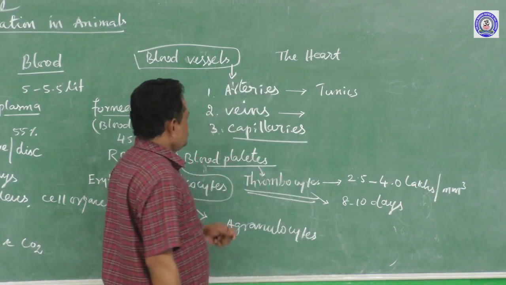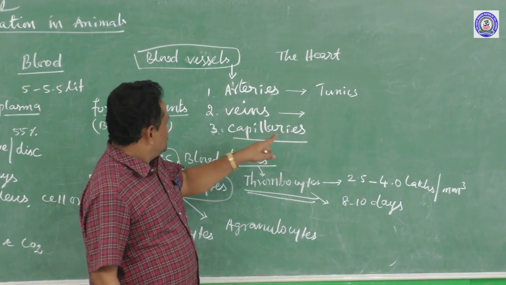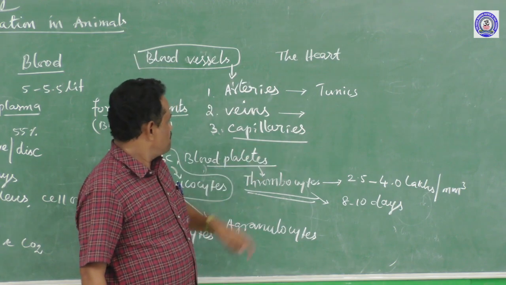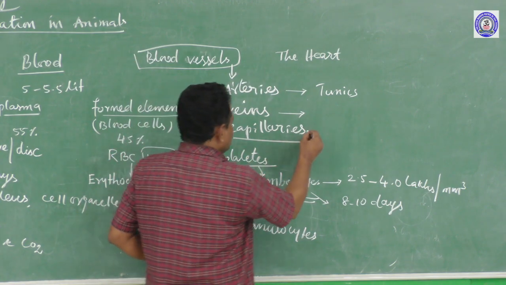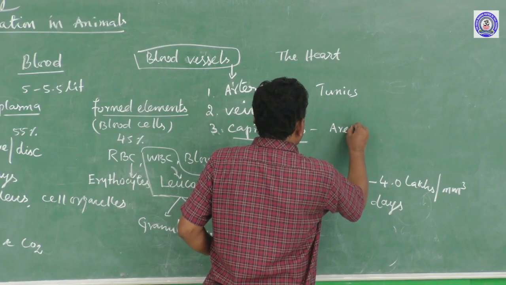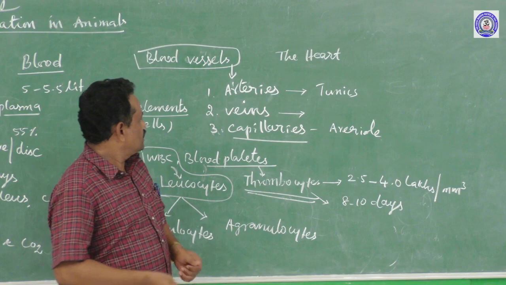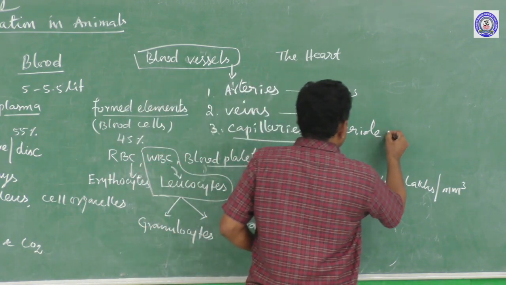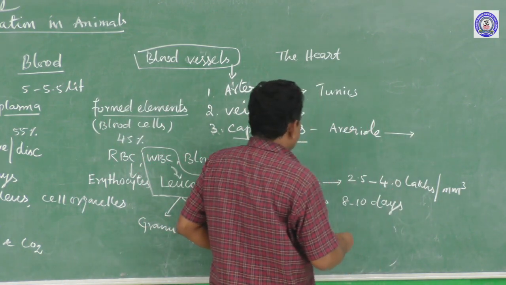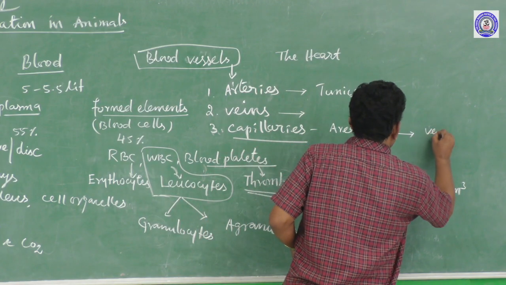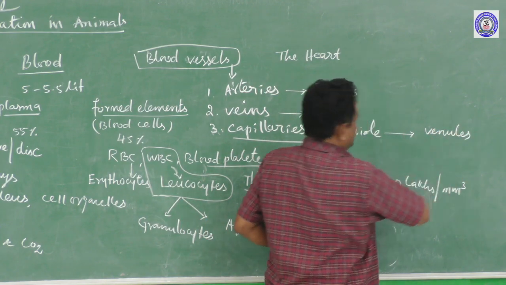Capillaries actually arise from the blood vessel called the arteriole. And the small capillaries join together to form the venules.